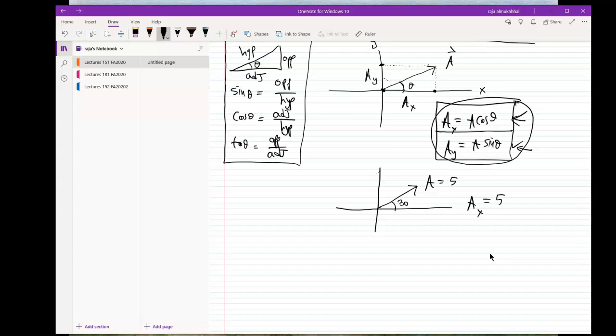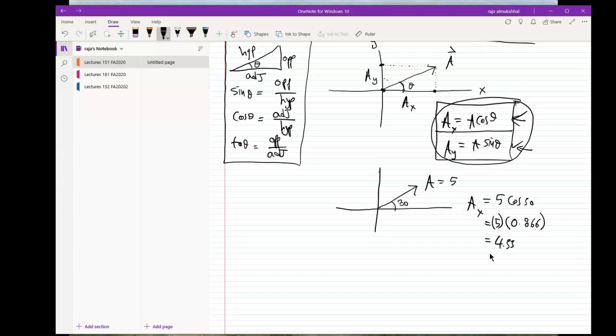That's just 5 cosine 30. Cosine 30 is 0.866, or your math teacher told you square root of 3 over 2. I memorize it as 0.866. You can just use your calculator. So 5 times 0.866, answer 4.33.